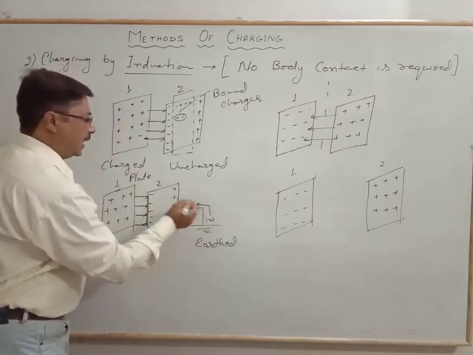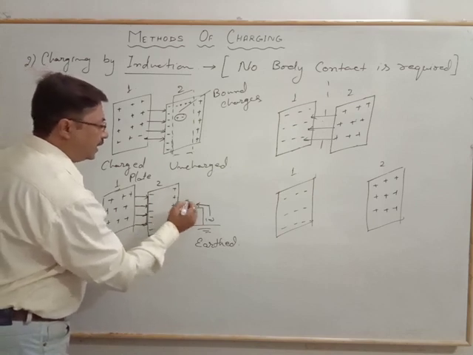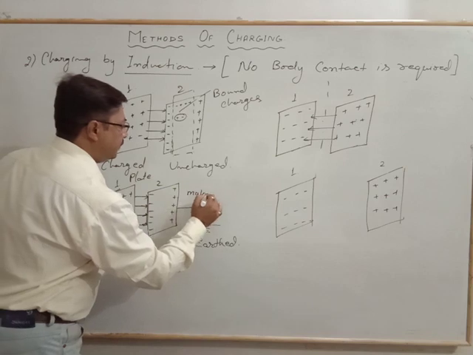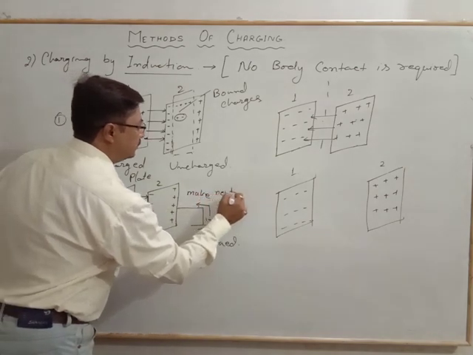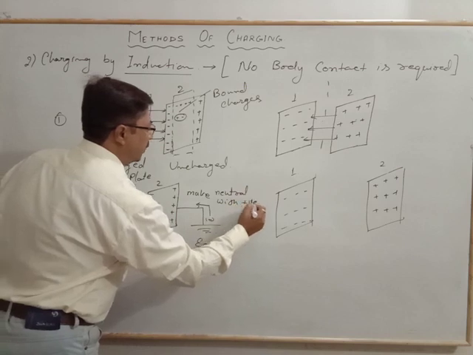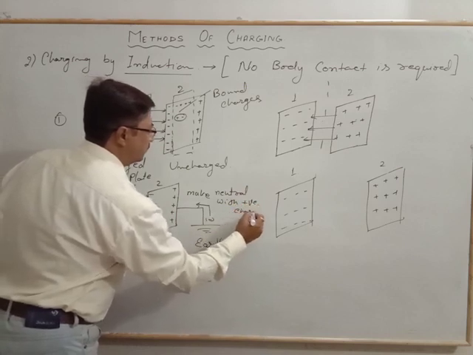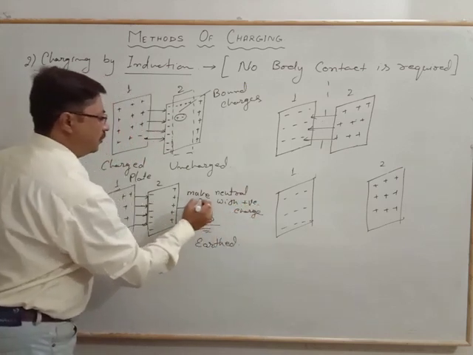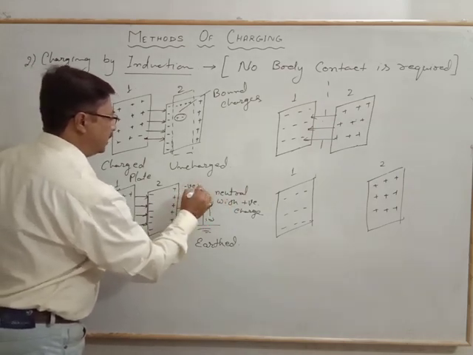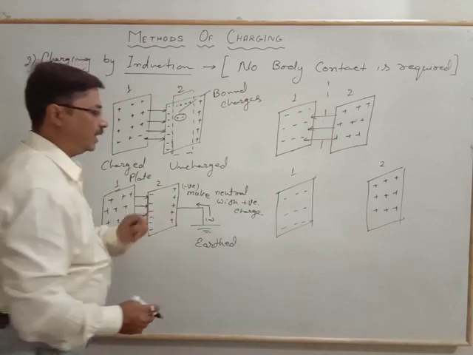On that case the electron will move and make a neutral with the positive charge. Electron will move, electron makes a neutral, or we may write negative makes a neutral with the positive charge.